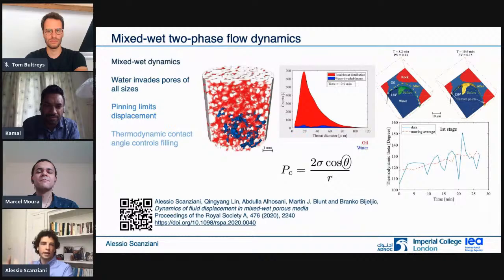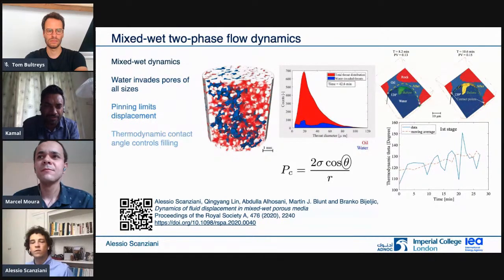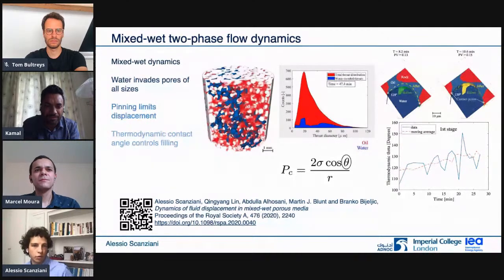In the end, solving the energy balance, you come up with a formula that I'm sorry I didn't put there, but basically there is a contact angle as a function of curvature, saturations, and interfacial areas between fluid and solid and fluid-fluid.